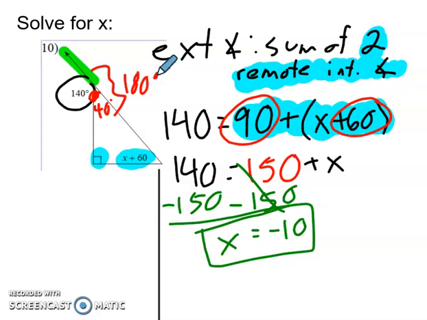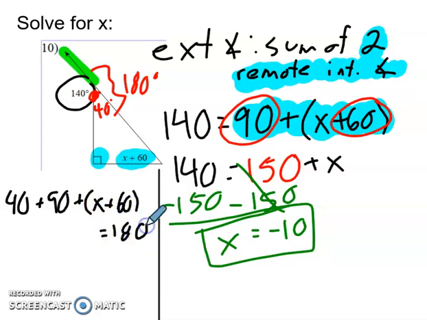So what we can do now is add everything up together and set it equal to 180, because now we're looking just inside the triangle. We have that 40 degree angle plus a 90 degree angle plus x plus 60, and that's going to be equal to 180.